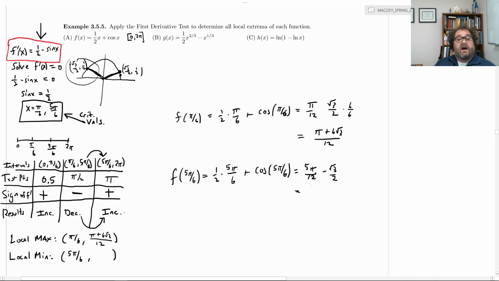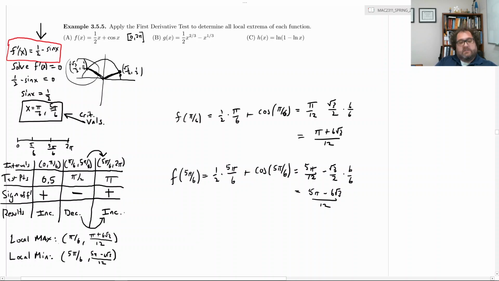So we get a common denominator, multiply by 6 over 6 again, and we get (5π − 6√3)/12. Nice looking y values.